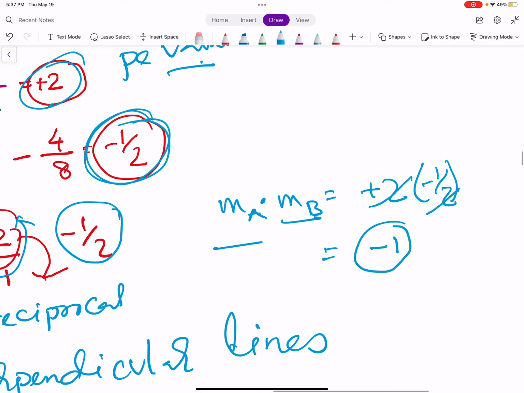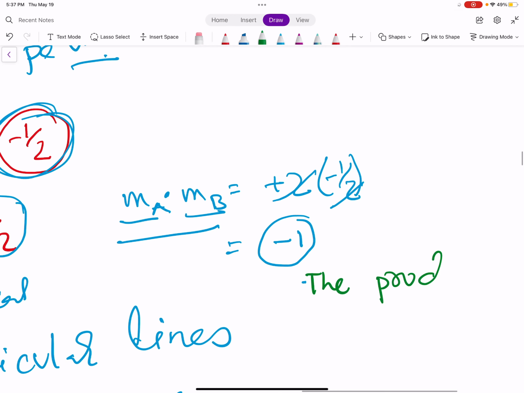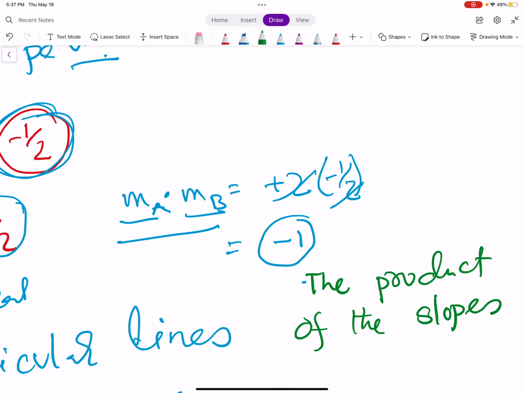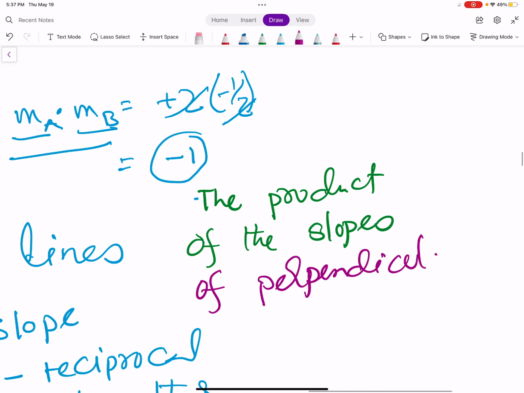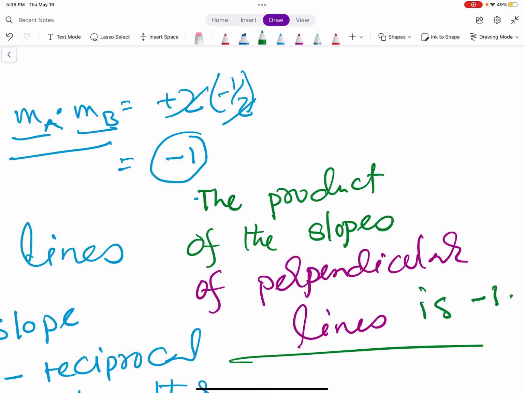So you can say for perpendicular lines, the product of the slopes is negative 1. That's it.